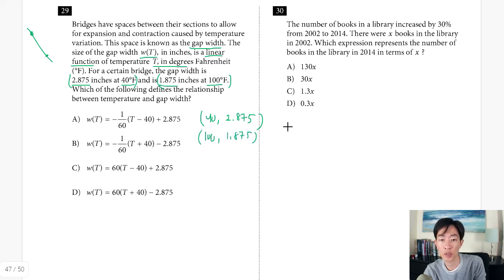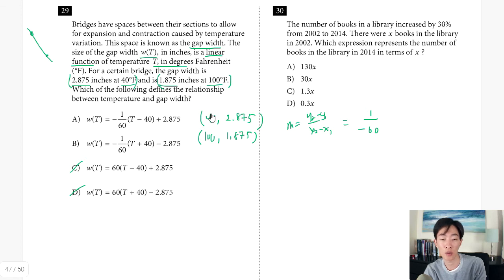And then, knowing the slope formula, which is y2 minus y1 over x2 minus x1, I calculated the slope. And what you're going to get is 2.875 minus 1.875 equals 1, over 40 minus 100, which is negative 60. So you know from the points that they gave, the slope is negative 1 over 60. That eliminates choices C and D. Now we have two choices left.